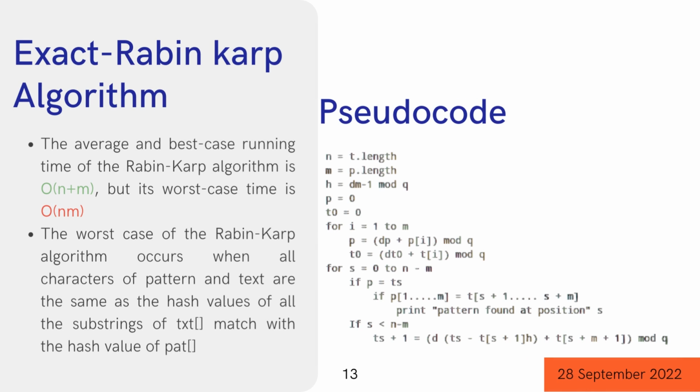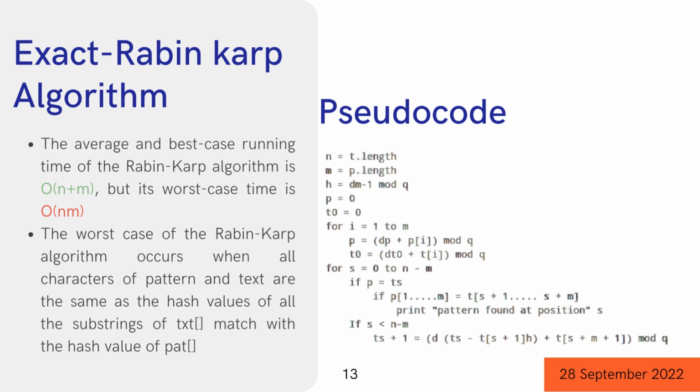So if we see the pseudocode of the exact Rabin-Karp algorithm, here we are using a dynamic programming approach to get the hash.